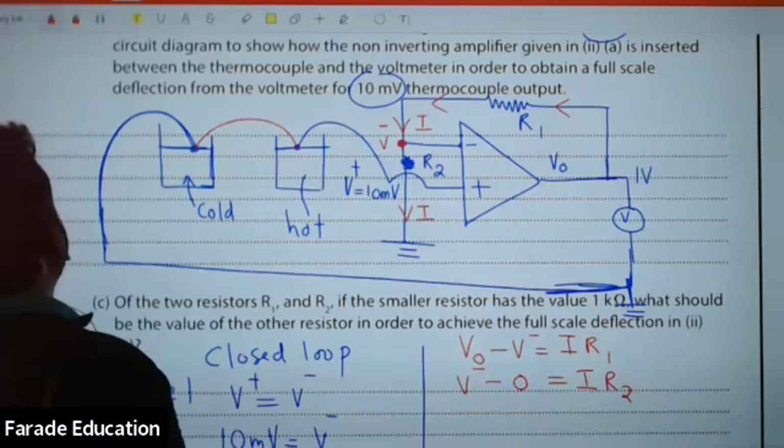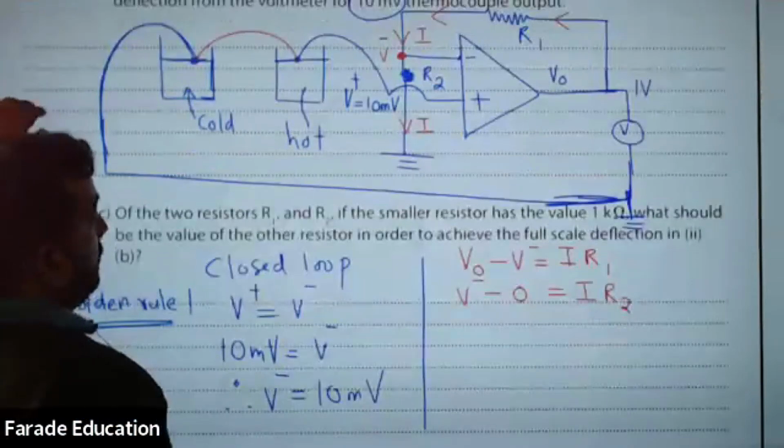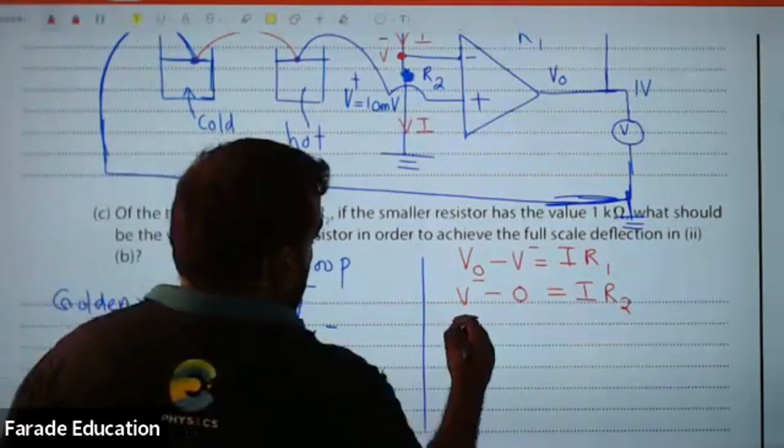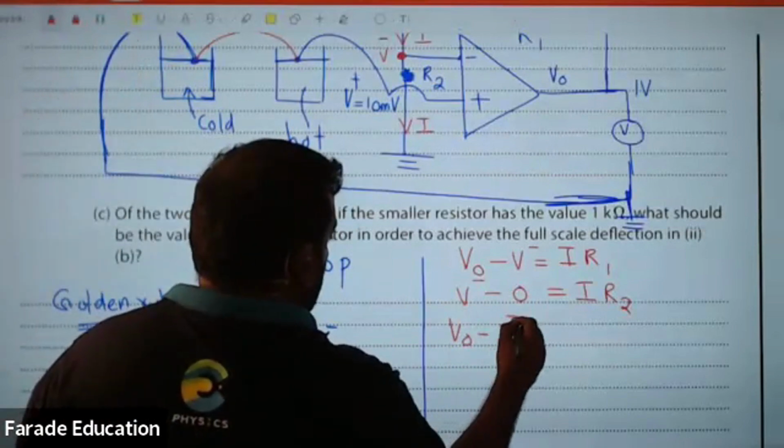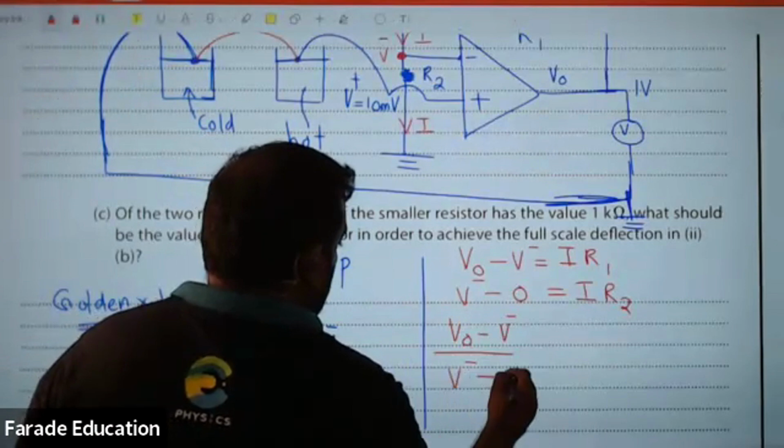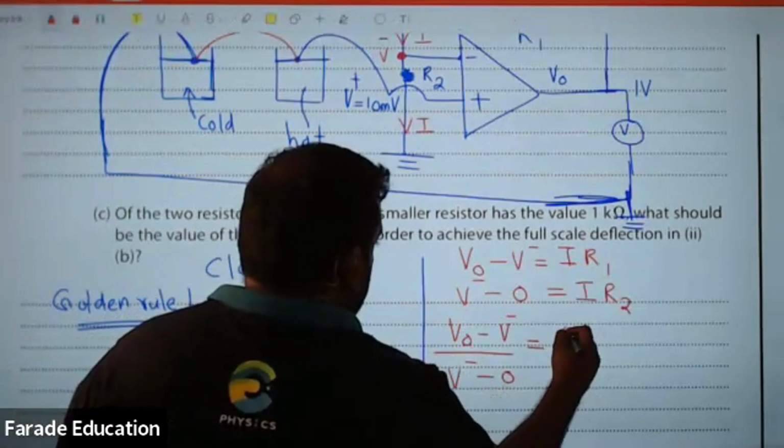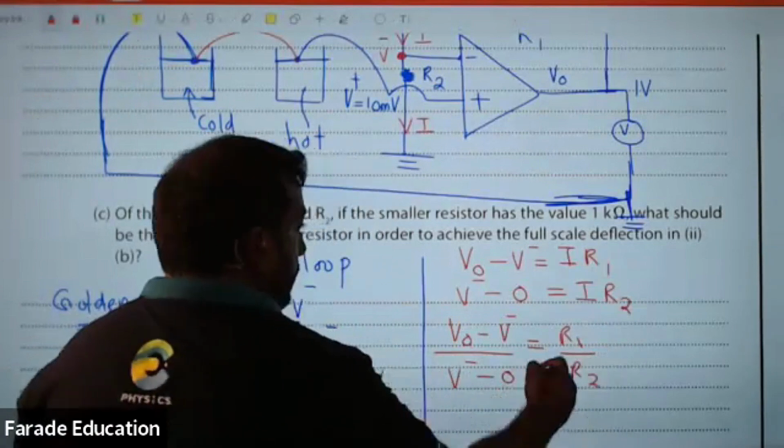Divide one by the other: V output minus V minus over V minus minus 0 equals R1 divided by R2, as the current cancels off.